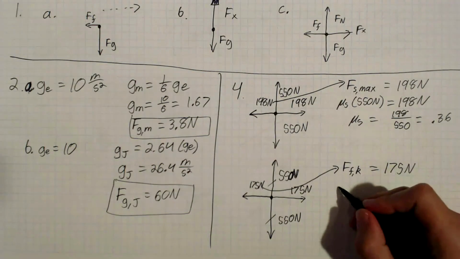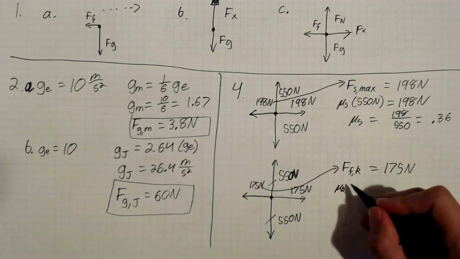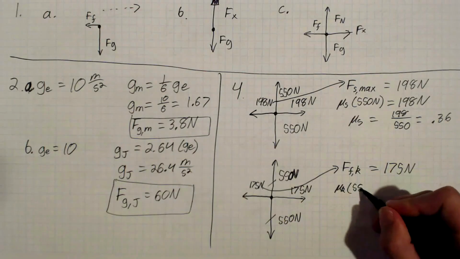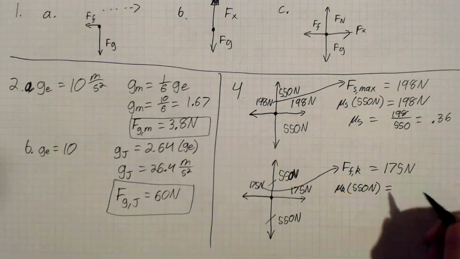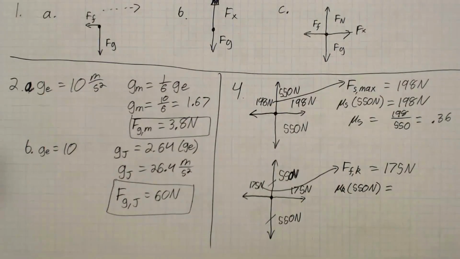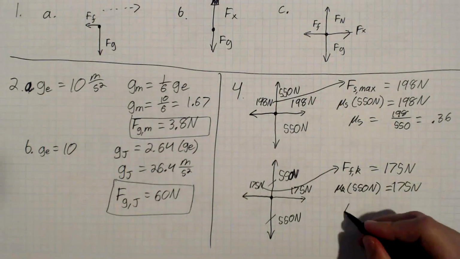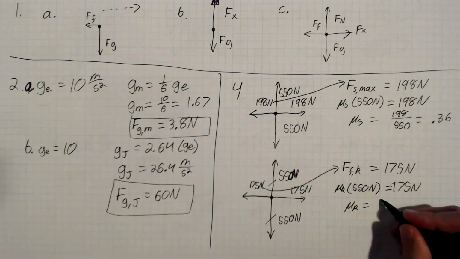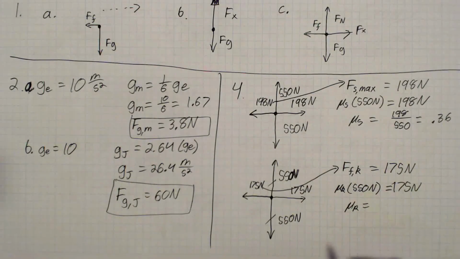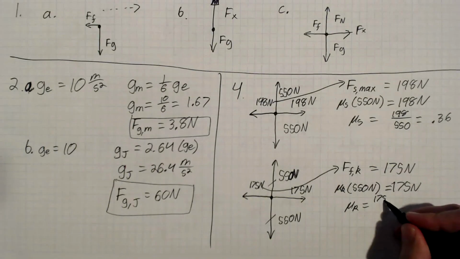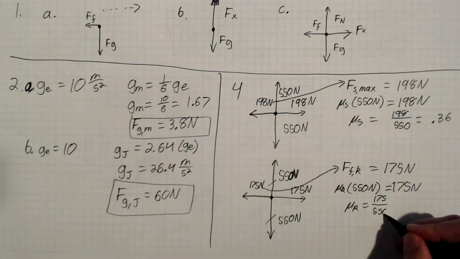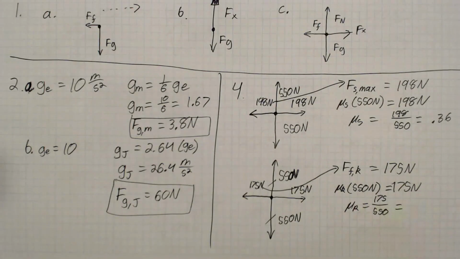And again, friction is just our kinetic coefficient of friction times our normal force, which equals 175 newtons. So divide these over, and you get the kinetic coefficient. The kinetic coefficient of friction is 175 over 550, which equals, drum roll, 0.32.